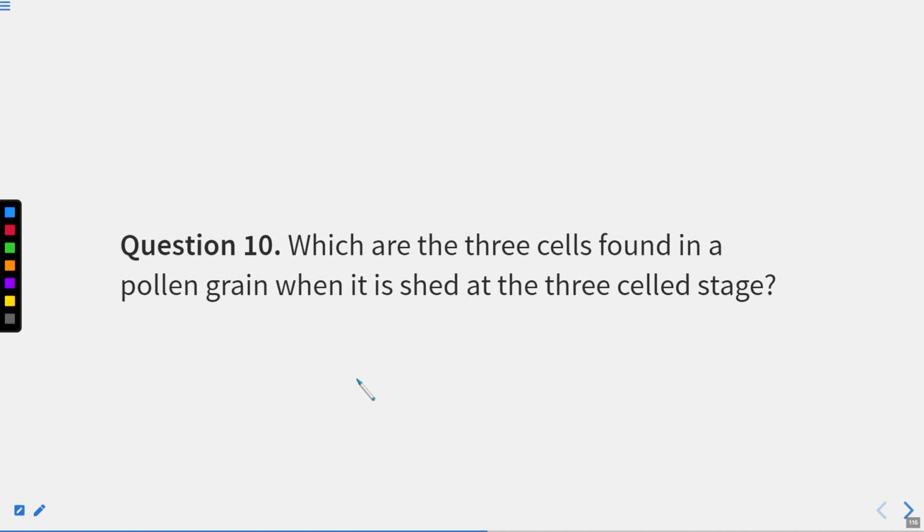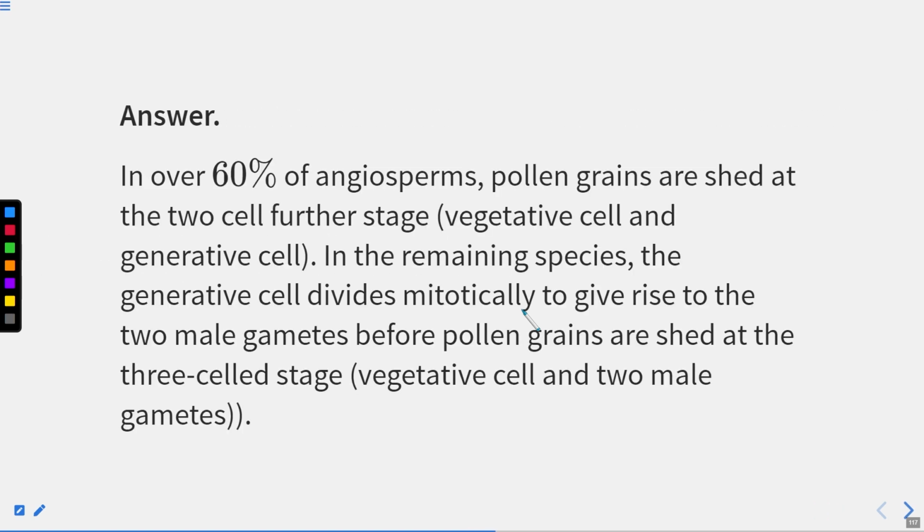Now, question number 10. Which are the 3 cells found in a pollen grain when it's shed at the 3-cell stage? So this I've already told you. Pollens are shed at the 2-cell stage or at the 3-cell stage. Now let's have a look at the answer. In over 60% of the angiosperms, pollen grains are shed at the 2-cell stage.